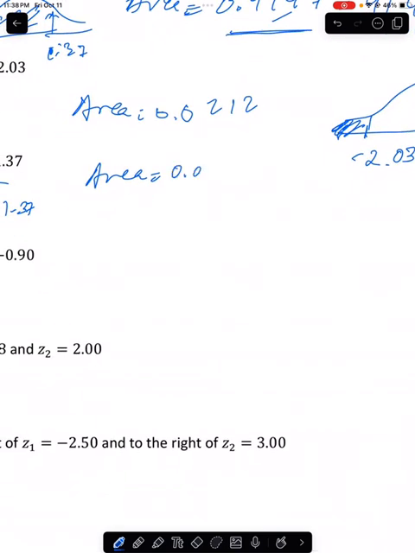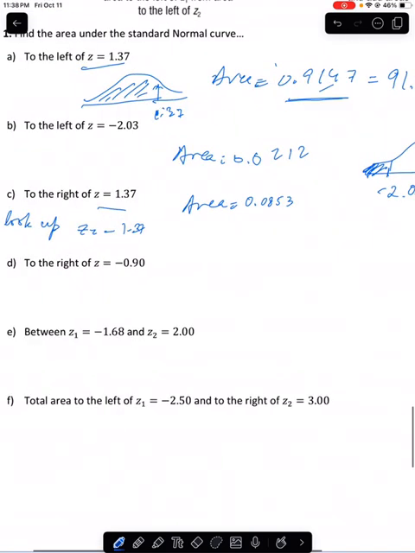Okay, let's see if you guys can try the next one. I'll give you a few minutes to try. This is saying area to the right of C is equal to negative 0.90. Just remember, to find the area to the right, we look up the opposite number.